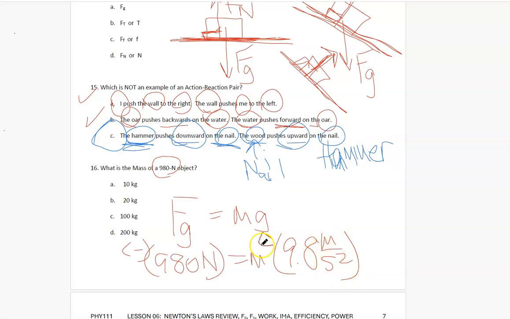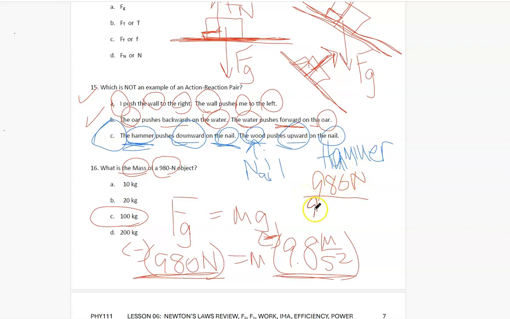And we can remind ourselves that's a negative also. So we're just going to divide 980 by 9.8. And the answer will be in units for mass. Well, the mass unit is kilograms. So our answer is 100. 980 newtons divided by 9.8 meters per second squared equals 100 kilograms. So just keep track that if you're calculating a mass, it should be in kilograms.